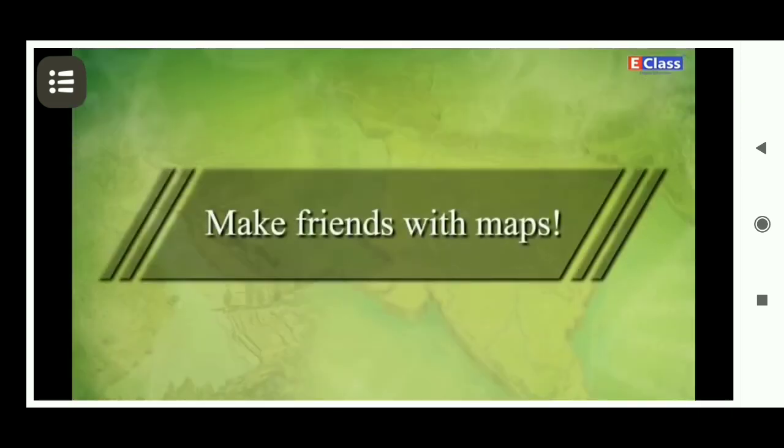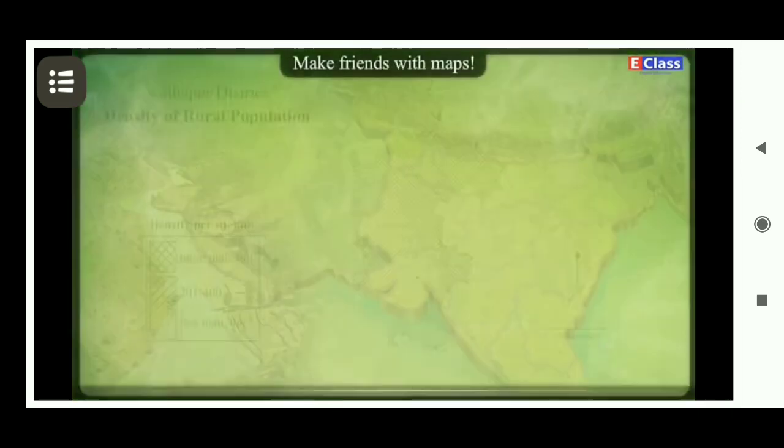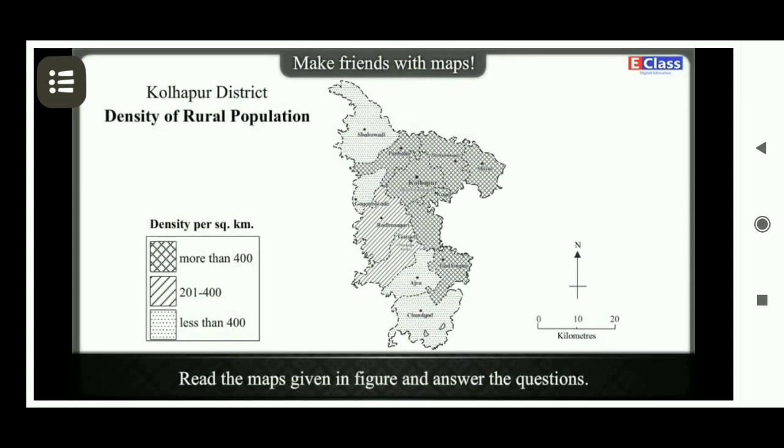Make friends with maps. Read the maps given in figure and answer the questions. In which direction is the density of population decreasing? Name the talukas with population density less than 200.